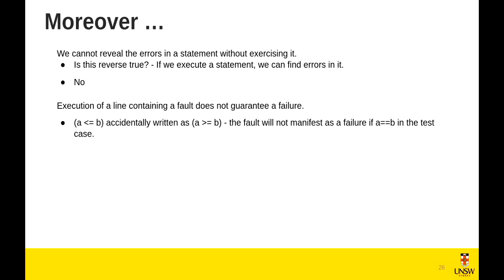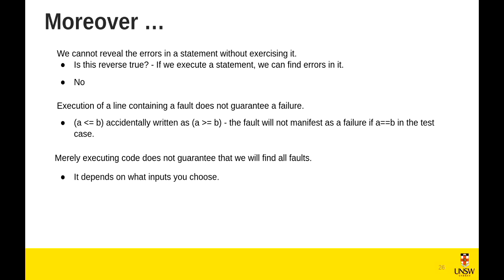So it is not just about reaching a particular part of the code. It's also about how we reach that part of the code. So merely executing code doesn't guarantee that we can find all bugs. Even if we could achieve 100% path coverage, we cannot guarantee that we can find all bugs.